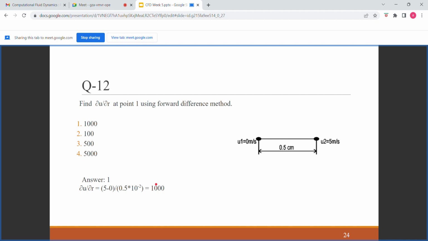Basically, this is the simplest numerical problem denoting how the finite difference forward difference method works. We would be subtracting this term and this term and dividing by this.